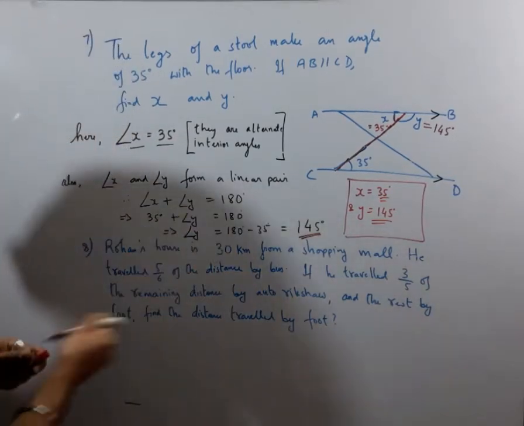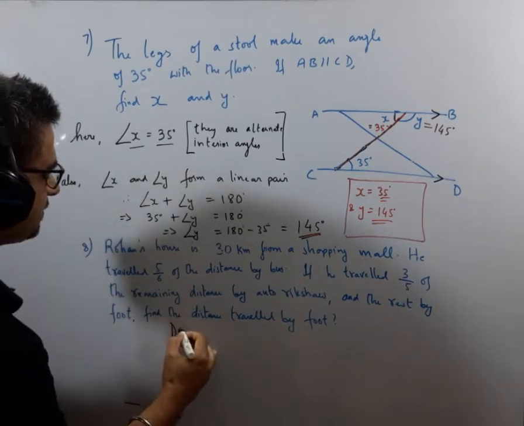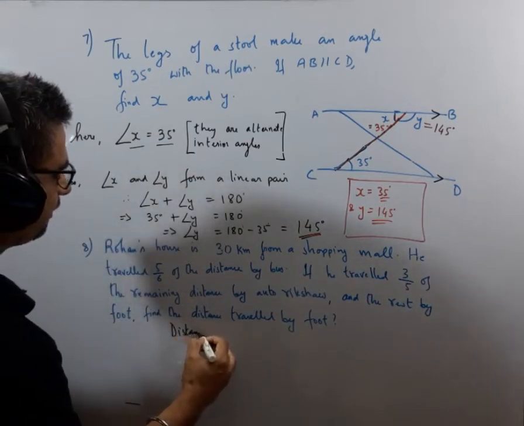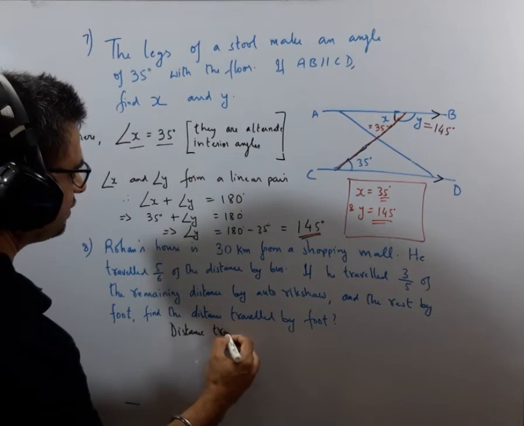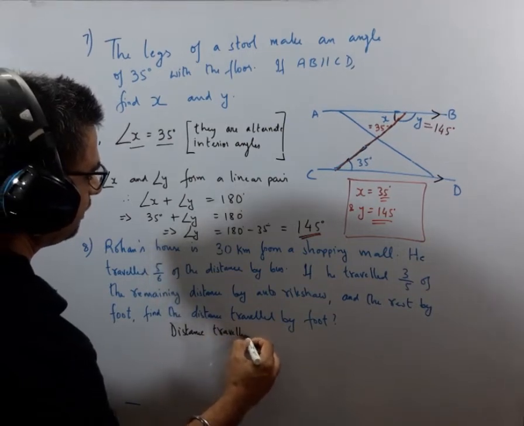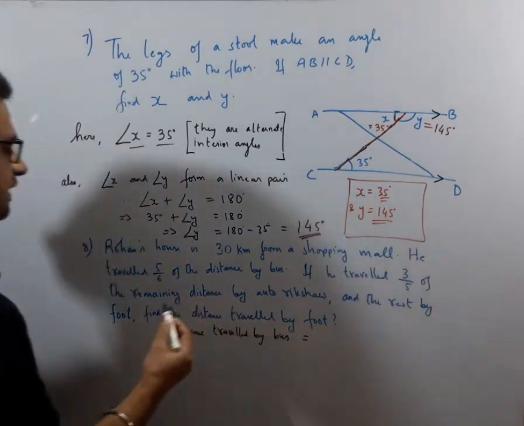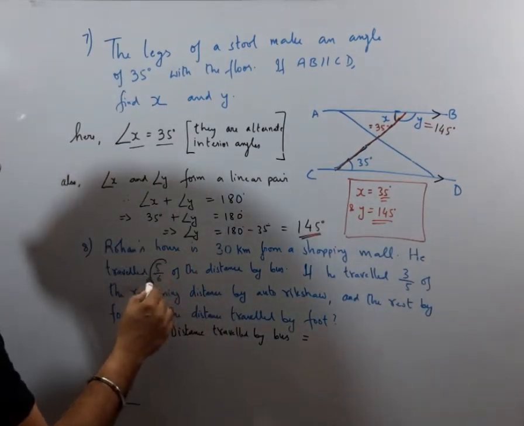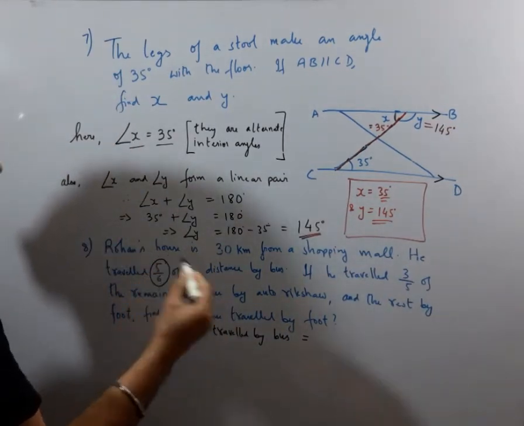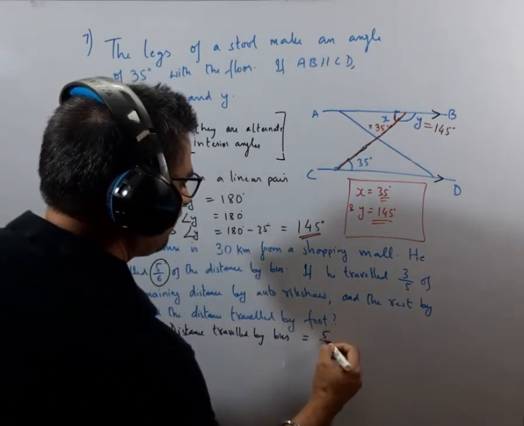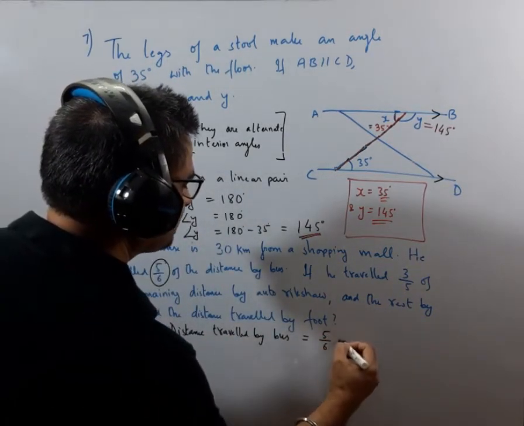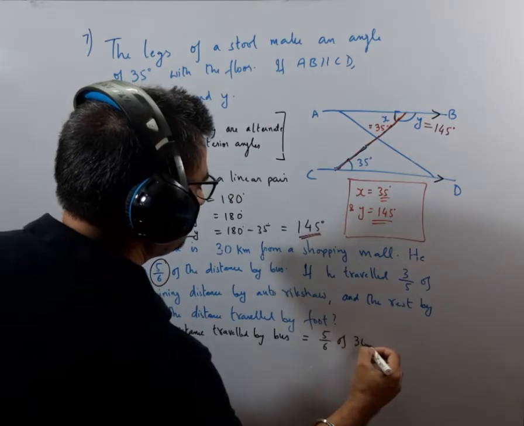So let's write the steps properly. Distance traveled by bus. It's given that he travels 5/6 of the distance by bus. And 5/6 of what? 5/6 of the total distance of 30 kilometers.